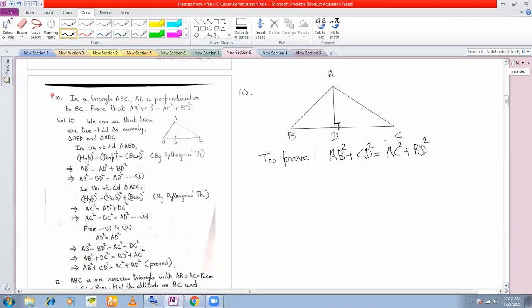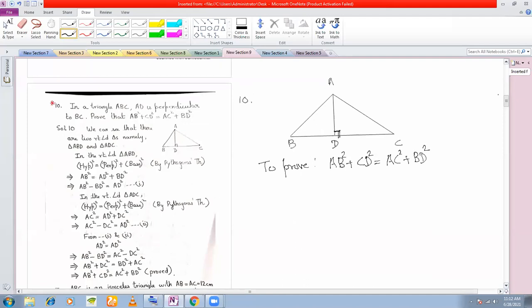Now, whenever this kind of a question is given, when you look at the diagram, try to look for the right angles. How many right angles are there? I can see one right angle triangle here, and one right angle triangle here. There are two right angle triangles, right? That means each will have a hypotenuse. This right angle triangle will have this as my hypotenuse, and this right angle triangle will have this as my hypotenuse. So we shall use Pythagoras theorem in both.